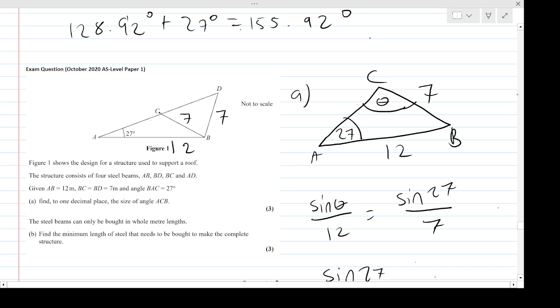So how come we only need one then? Why is the question asking me for only one? Well, this is where we need to look at the question and the diagram, because remember this angle theta is here. That's what we solved. Now we need to actually look at the angle, because the angle we can see is obtuse.